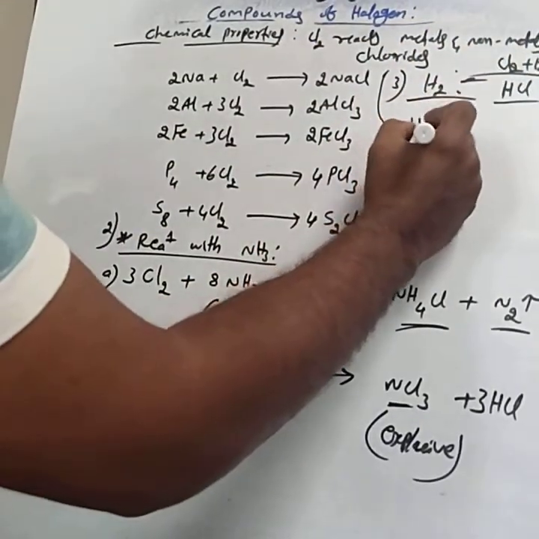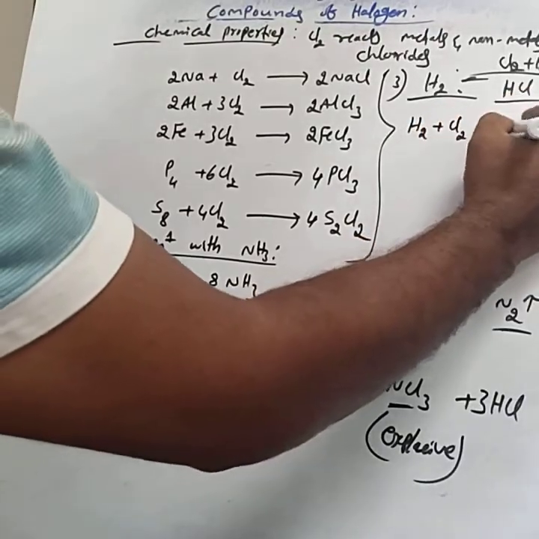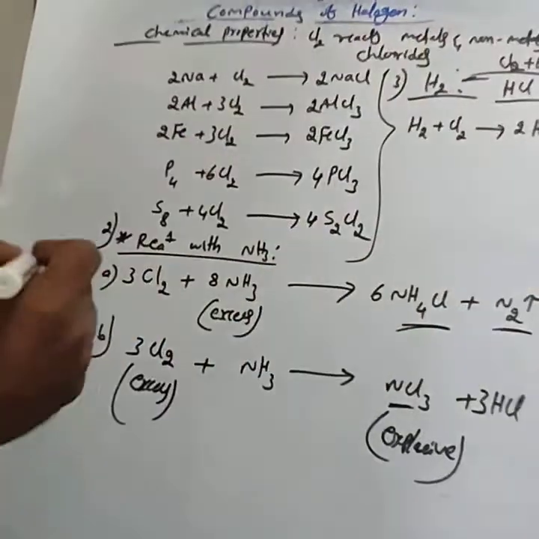For example, H2 plus Cl2 gives HCl only.